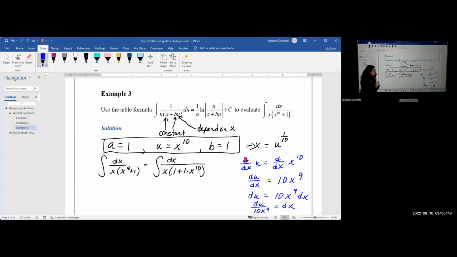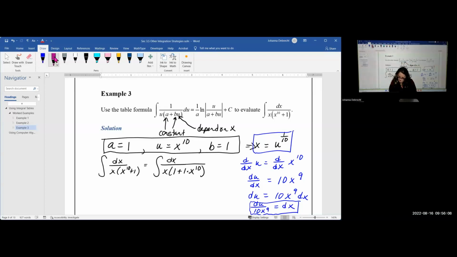Now the next thing I want to do is take the pieces that I have found. So here's a substitution expression, here's a substitution equation, and the others that are blocked up here in black. And I want to replace each piece in what I have right now to rewrite it in terms of u, so I can apply this pattern that we see up here.